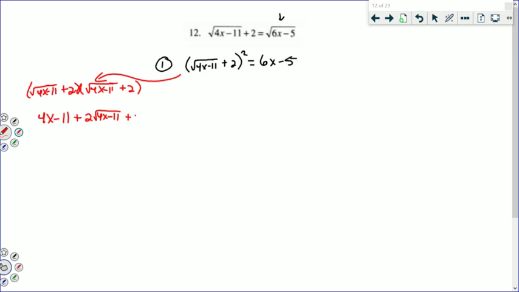So that's plus 2 square root 4x minus 11. And then 2 times 2 is going to give us 4. Combining like terms, we have 4x, and then negative 11 plus 4 is going to be negative 7, plus 4 times the square root of 4x minus 11, because we have 2 of them right here and 2 of them right here.